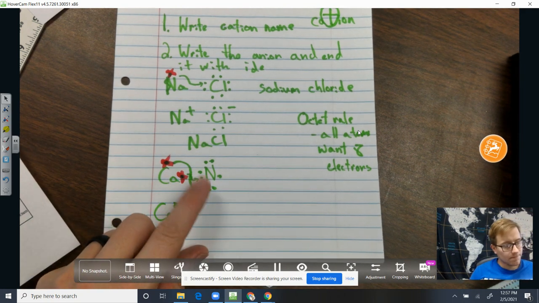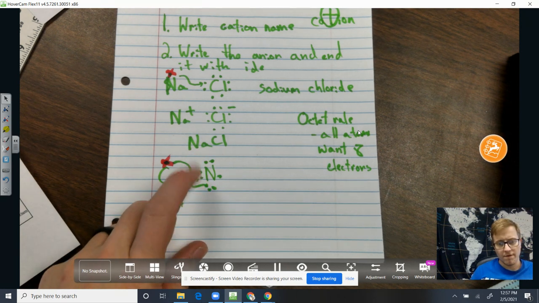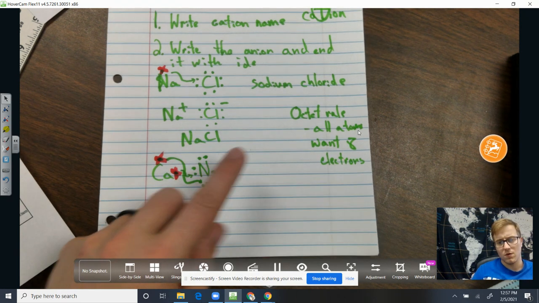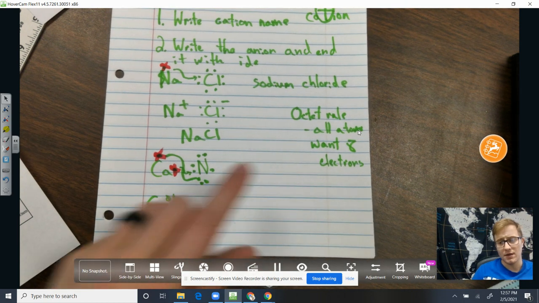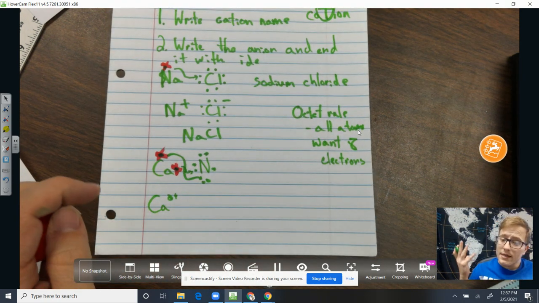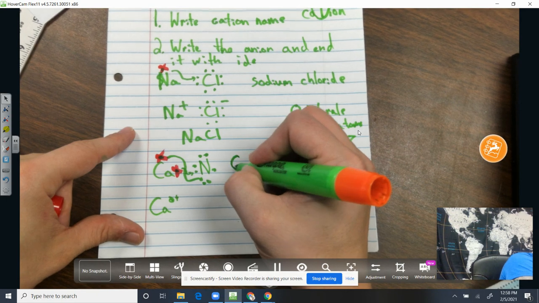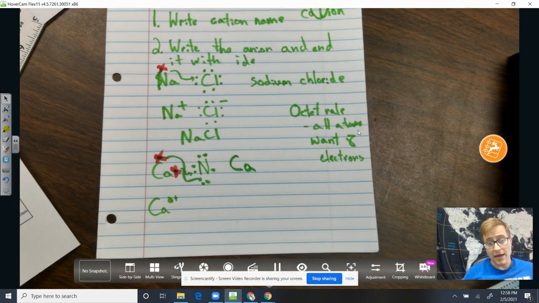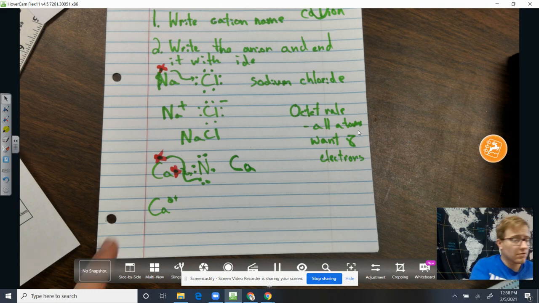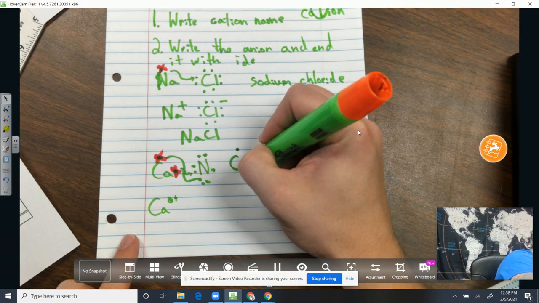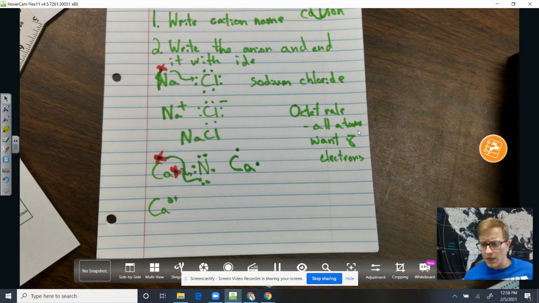Now nitrogen, 1, 2, 3, 4, 5, 6, 7. Uh-oh. All atoms want 8 electrons. This only has 7. So nitrogen is going to go out searching, looking around for other atoms to give it electrons. Well, in this solution, we only have other calcium ions, and we only have other nitrogen ions. So it can only find stuff from calcium. So we're going to have another calcium come in. Now calcium has still the same amount of electrons to give, 2. So it's going to give up as much as it can.